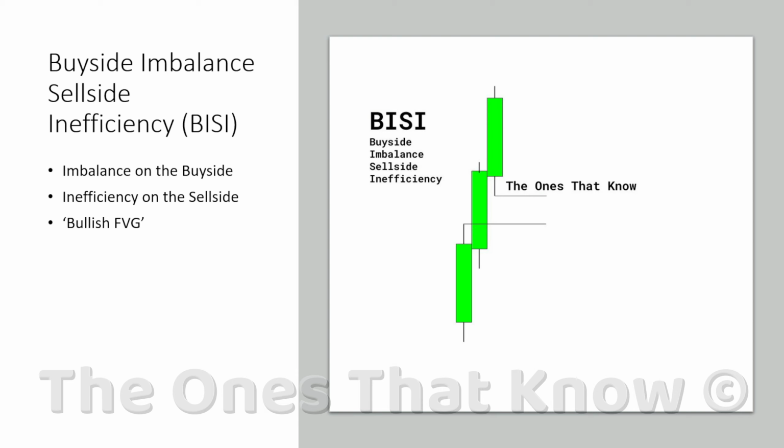But this isn't the case in this example, in this theory, because there's a lack of sell side delivery within that price range. So the algorithm has to retrace lower into that gap, delivering sell side, before it is allowed to expand higher.